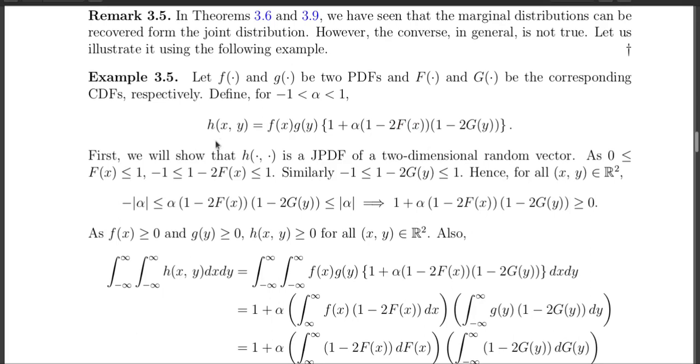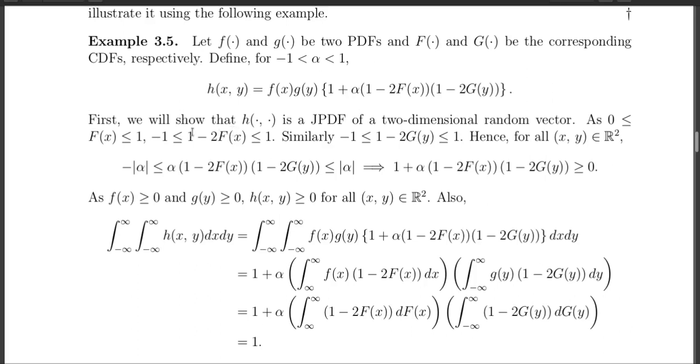Now my point is that this small h is a joint probability density function of a two-dimensional random vector. How can I show this? It can be shown by showing that h is always greater than or equal to 0, and if I take the integration of h over R square, the value of the integration will be 1. This is fairly simple and is given here.